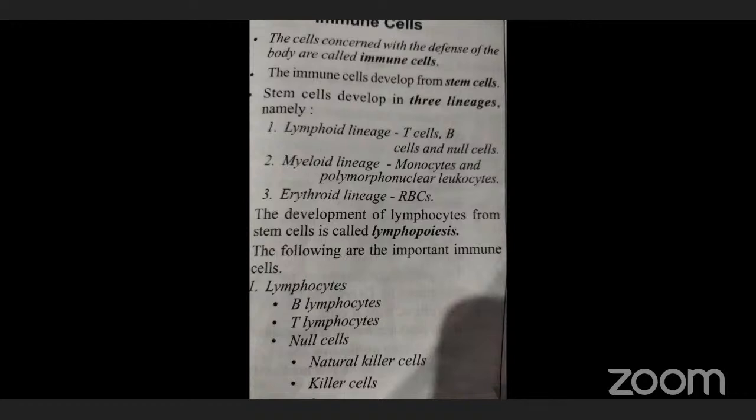Those are examples of immune cells. So among the cells, the five lymphocytes, macrophages, mast cells, platelets, and antigen presenting cells are the important immune cells. Kindly keep it in your memory.